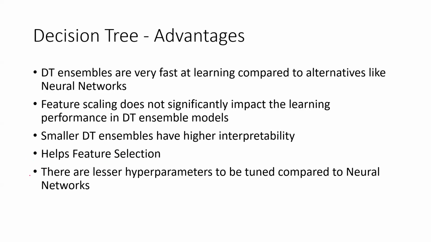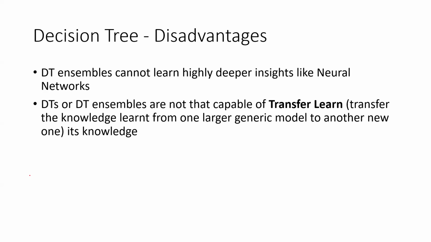And the disadvantage of decision trees is that they are not that deep. That means they can't have a much higher level of information. They can't learn deeper level features like neural networks, where in some neural networks you can have hundreds of layers, but decision trees don't have that many layers or that much depth, so they can't learn that much.